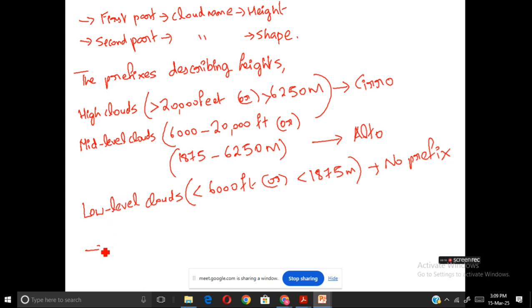Now let's see the second part of the cloud name. The first part shows the height at which the cloud is, and the second part shows the shape. Based on shape, if we divide clouds into different types, we have cirrus clouds, which are generally curly or fibrous.